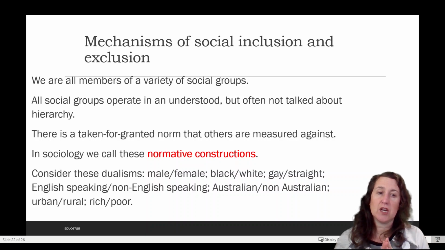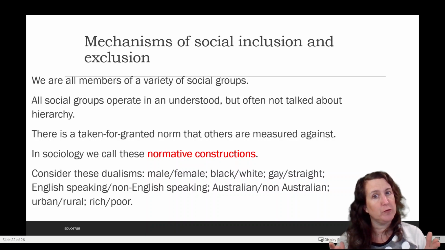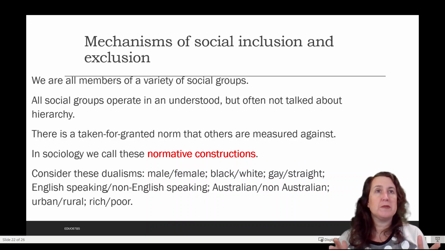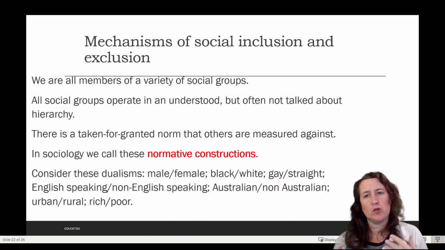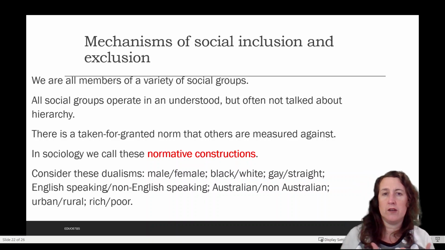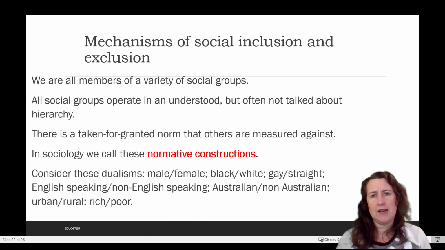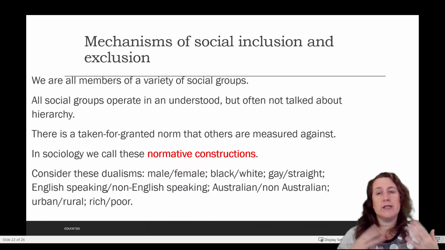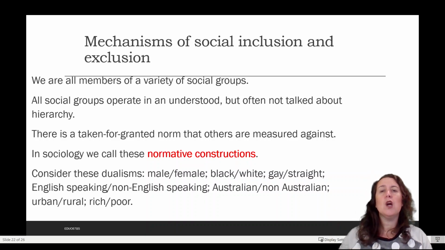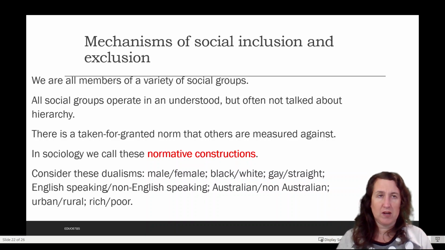Back to the beginning of the lecture, I said we were all members of various social groups, and all social groups operate in an understood but not often talked about hierarchy. And within the social groups, there's a taken for granted norm that we measure others against. In sociology, we don't talk about these taken for granted norms using those words. We use this idea of normative constructions.